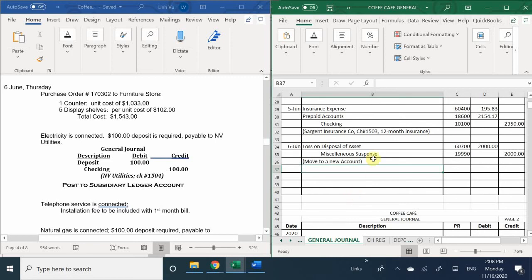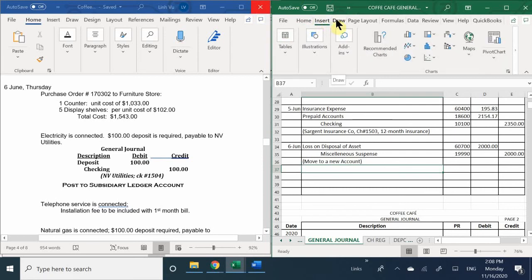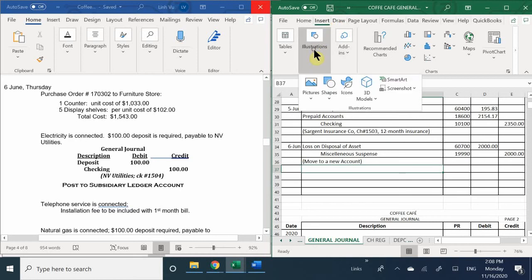Okay. So in our journal, as you can see, we don't actually have enough space for our transaction right here. So what I'm going to have you guys do is practice doing this, because you don't want the possibility of someone looking at your books and throwing in a random transaction in there.